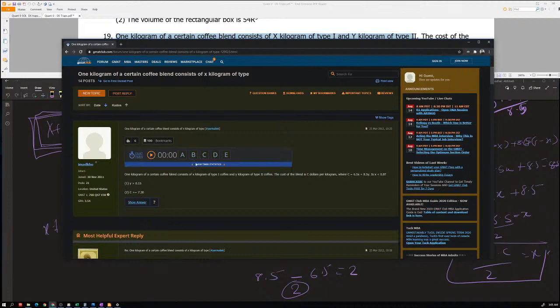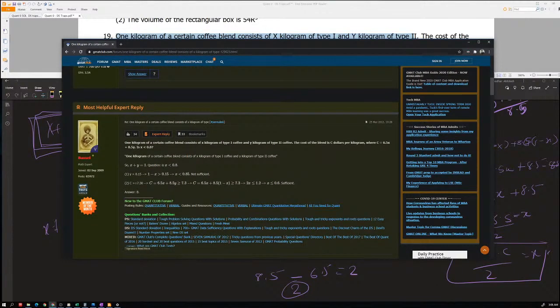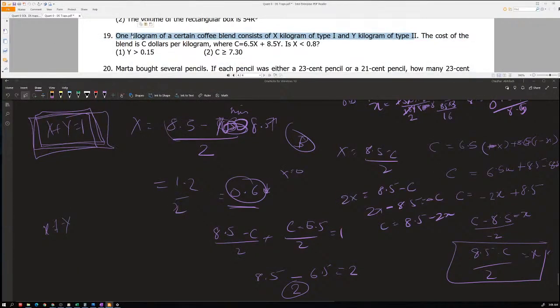So 1 kilogram is written there. 1 kilogram means x kilogram plus y kilogram. 1 kilogram contains x and y. That's the catch. So that's where they took it as 1. The x plus y is equal to 1. Fine, easy. I missed the 1 kilogram.